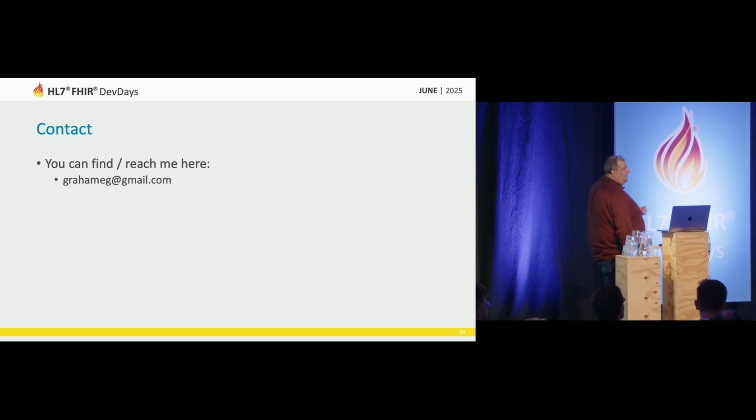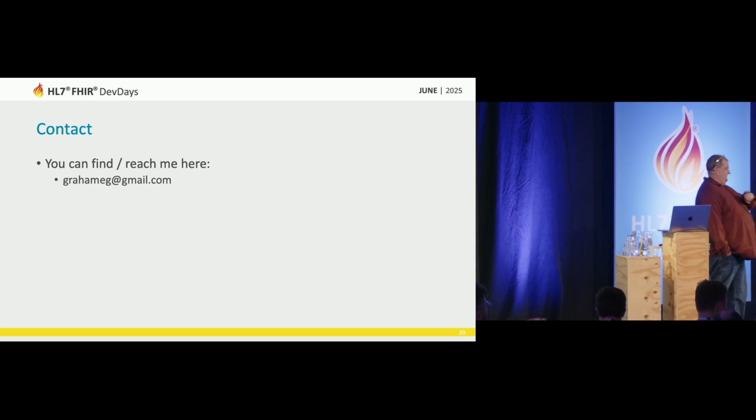Just following up on that a little bit, I think one of the main differences is if you want to stick something into a bundle, right now it has to be a proper resource, and therefore you can use Basic to make anything a proper resource. In this new world with additional resources, to be an official additional resource, it has to be approved by HL7, and then it can go into a bundle.